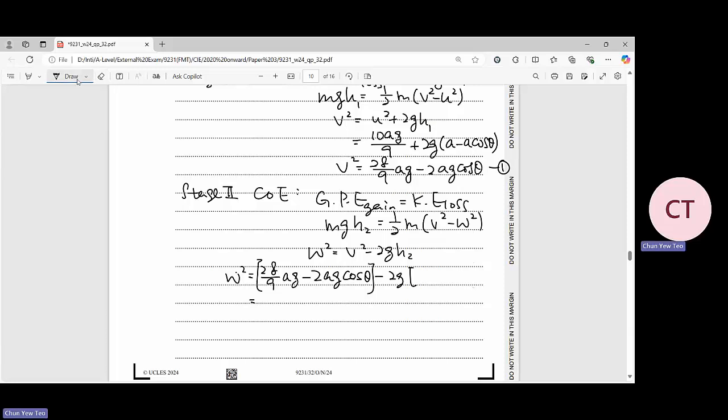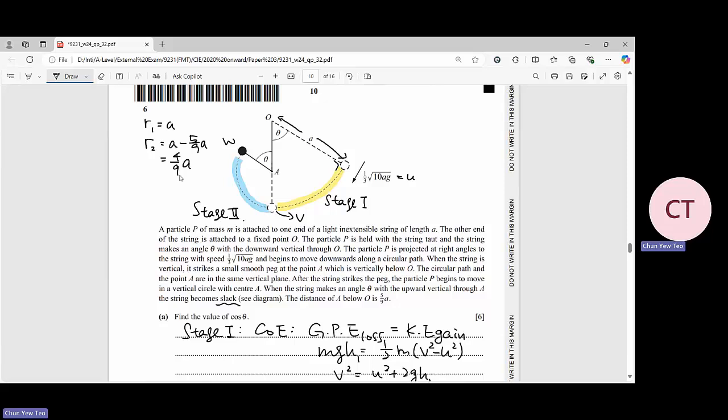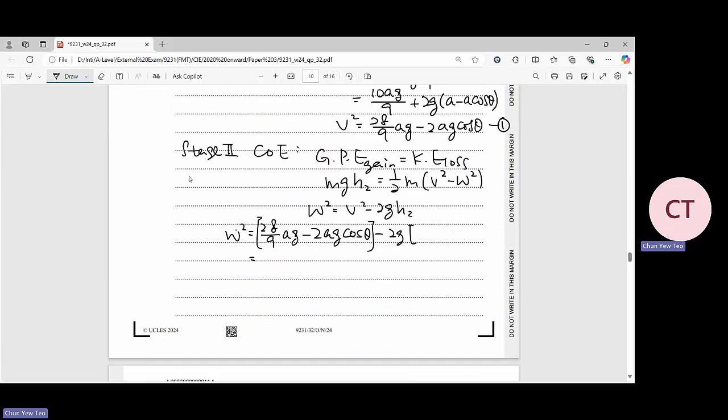The a is R2, and R2 is 4 over 9a. So this one will be 4 over 9a plus 4 over 9a cos theta. So this one will be tricky here. Then after that, you combine them together to get 20 over 9 ag minus 2 minus 8 over 9. So you get negative 26 over 9 ag cos theta. Okay, you'll be having this.